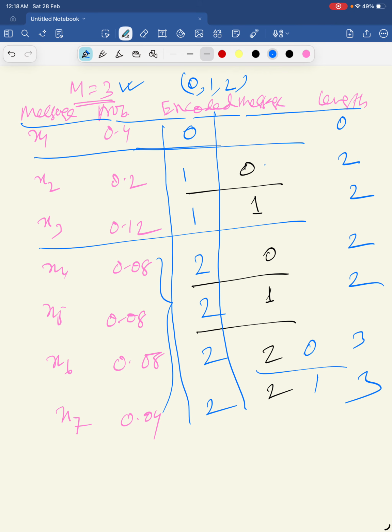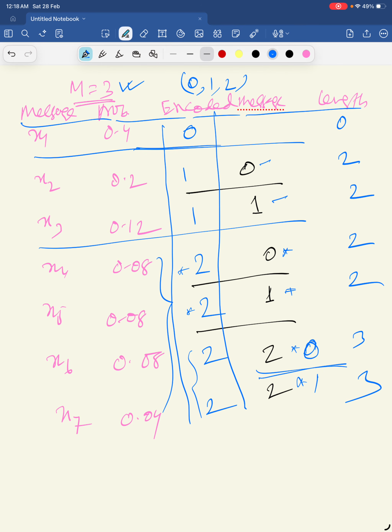This 1, 1 we made 0 and 1. For these 4, 2 we made 3 groups here also. This is 1 group, this is 1 group, and these together 1 group, last 2. So that's why this is 0, this is 1 and this is 2 group. And the 2 group we can divide into 0 and 1 another group.